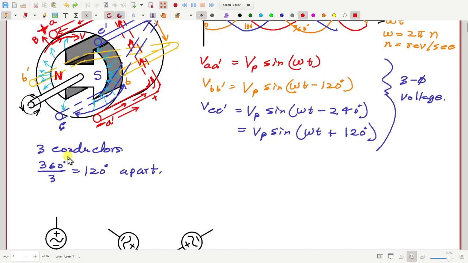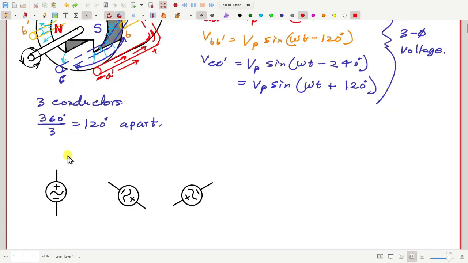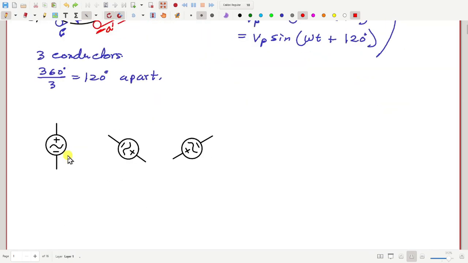Now, when we have these 3 sources, basically they are part of one single generator, but consider them to be 3 different sources, no problem. What do we do with this? We will connect these 3 sources like this.